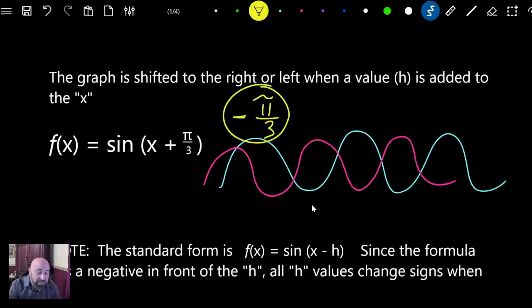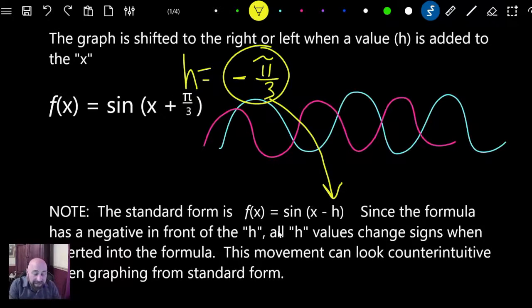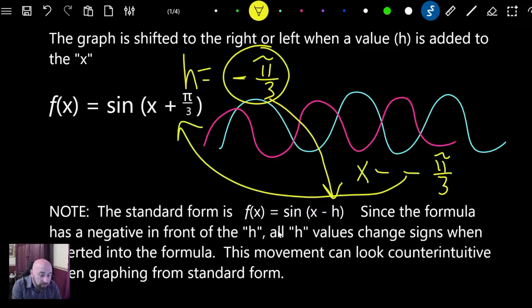When I take this negative pi over 3 and I insert it into my formula, look what happens. I end up with x minus minus pi over 3. What happens in algebra when we have minus minus? Well, it becomes a plus. So it becomes x plus pi over 3.